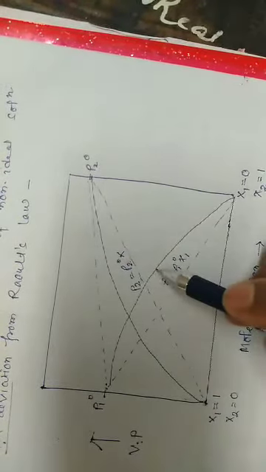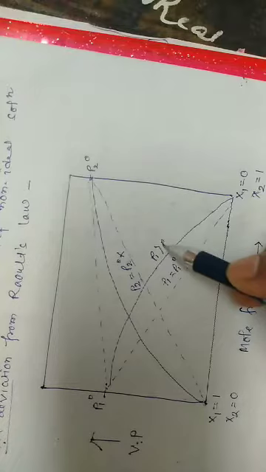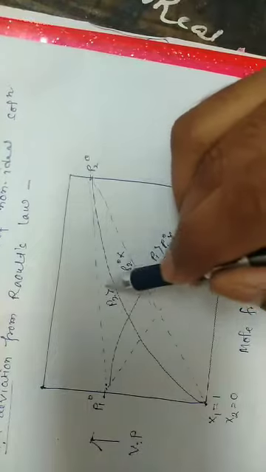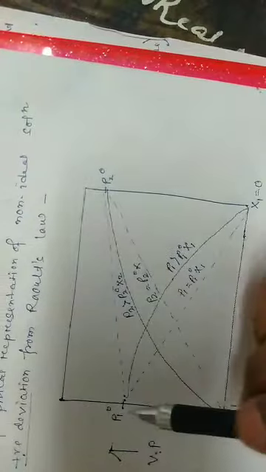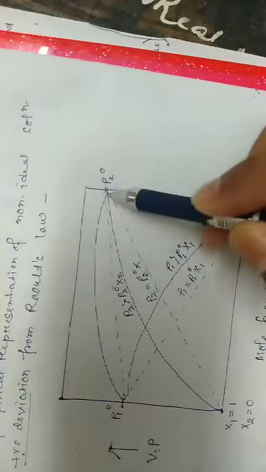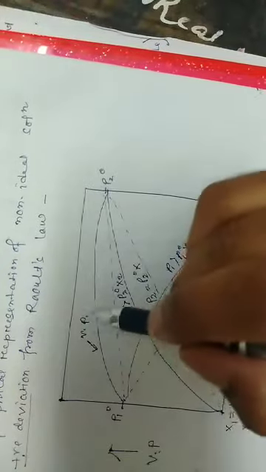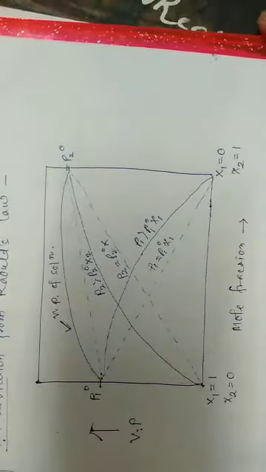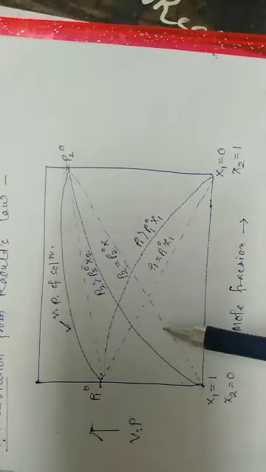So on this graph P1 is greater than P1 naught x1, and on this graph P2 greater than P2 naught x2, and this is the graph for the vapor pressure of solution. So this is the graphical representation of non-ideal solution having positive deviation from Raoult's law.